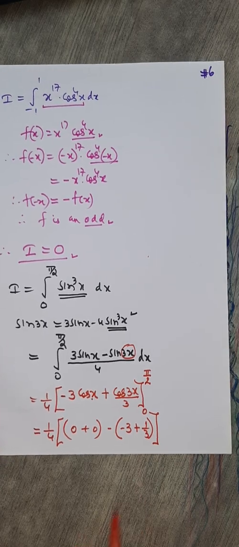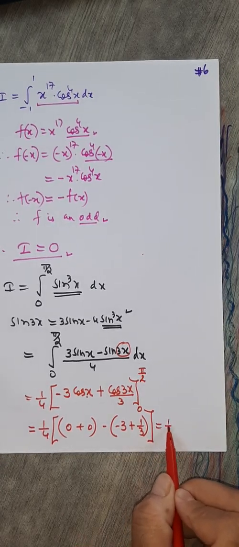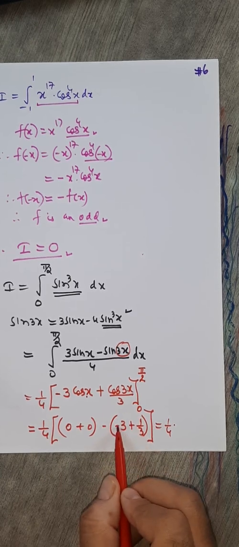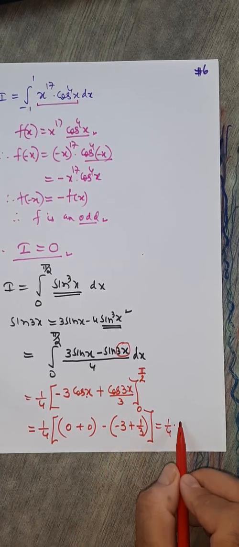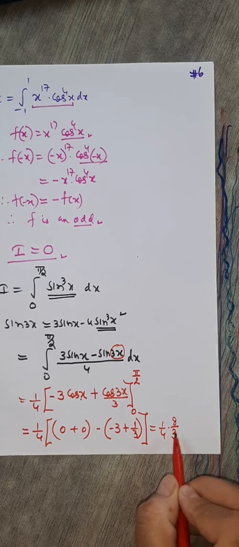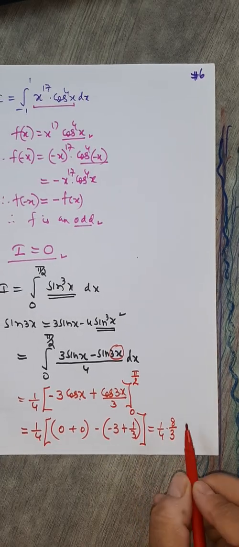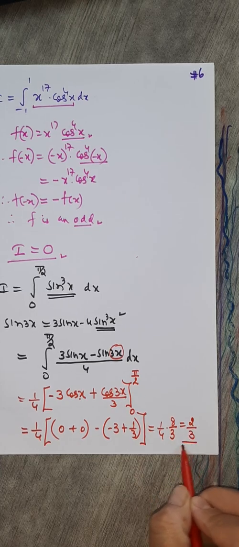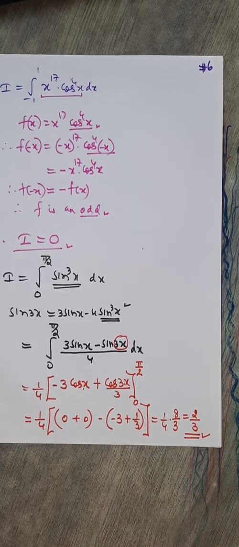So what we'll get from this, if you just simplify, 1 by 4 already you have. This is nothing but minus 8 by 3, so it becomes plus 8 by 3. And therefore, the integral is 2 by 3. This is the required integral.